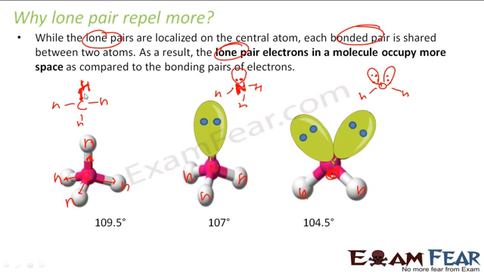Hope you understand why it is like this. Since the lone pair is totally dependent on the central atom, it needs more space. Since it needs more space, the lone pair repulsion will be more. A bond pair is shared between the central atom and the terminal atom, so it doesn't need much space, so the repulsion goes down.